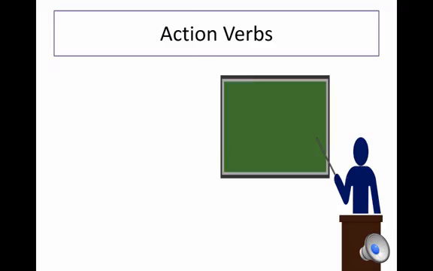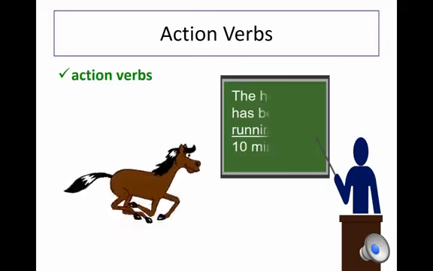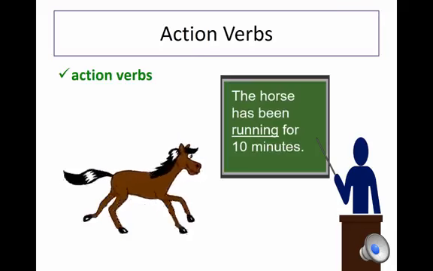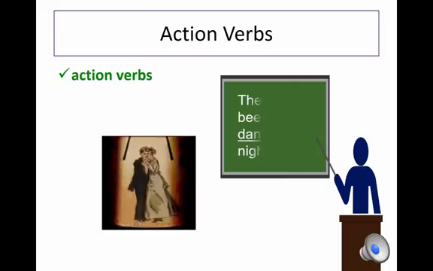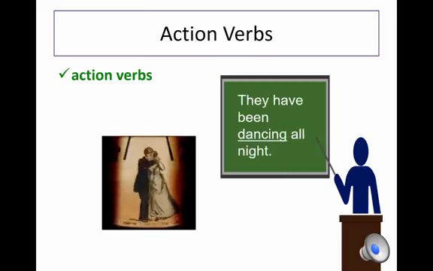When we use the present perfect progressive, it's important that we only use action verbs. For example, the horse has been running for 10 minutes. They have been dancing all night.